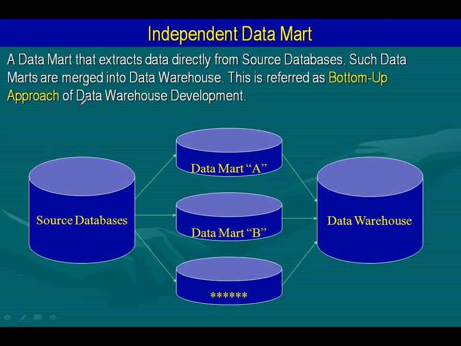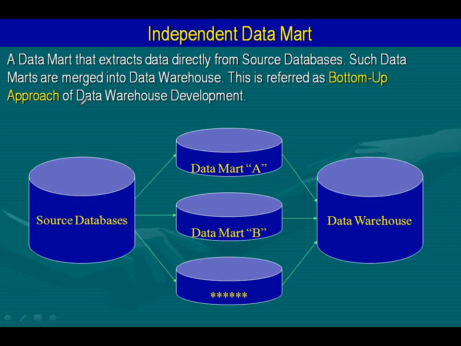My implementation, how I start is, I start mart-wise. One area I take and I implement marts in all those areas. So each mart can support decision making at that domain level, at that department level. But to have a total solution for the organization, I need to consolidate all and I should get an enterprise warehouse.